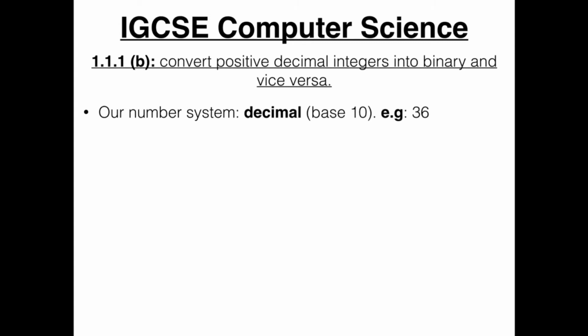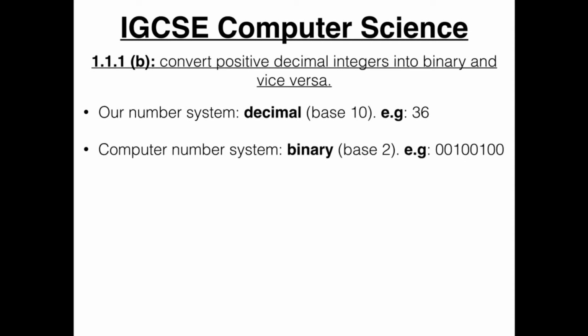Just a recap of what we did cover in the last video, and don't worry if you haven't seen it, because it's quite easy to catch up, as long as you know what binary actually is. Just a reminder, our number system is decimal, which is base 10. A value of decimal would be 36, for example.